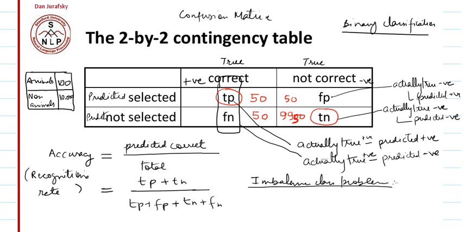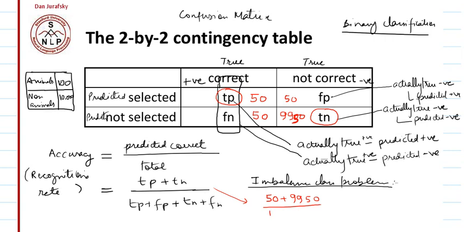Right? So now what is the accuracy? According to this formula, the accuracy is 50 plus 9,950, divided by 10,000 plus 100.